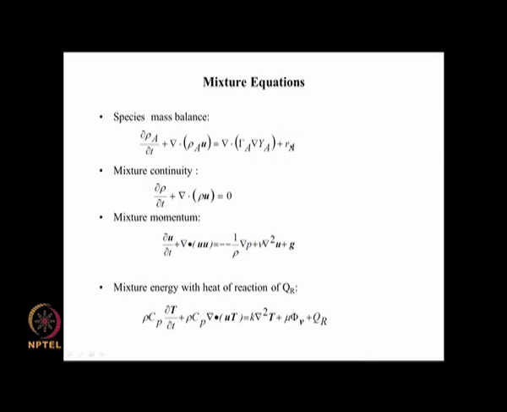Okay, so these are the mixture equations, and in the absence of chemical reactions, these R_As and Q_R will be 0. If you have mass transfer with dissolution, and that dissolution is exothermic or endothermic, you can still have this, and you can see a role for mass transfer. Mass transfer will change the mass fraction, you can have mass fraction gradients, and that is what is resolved by solving this equation.